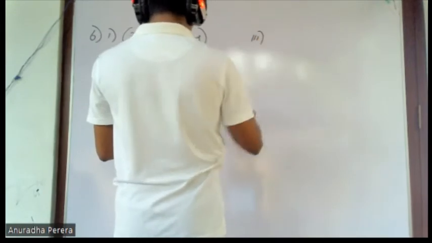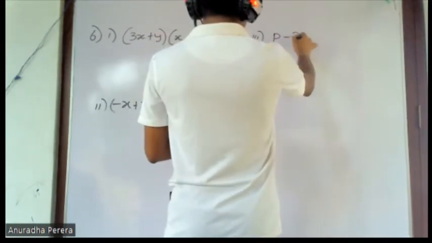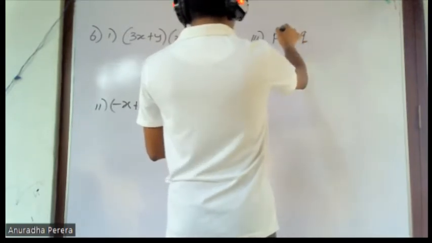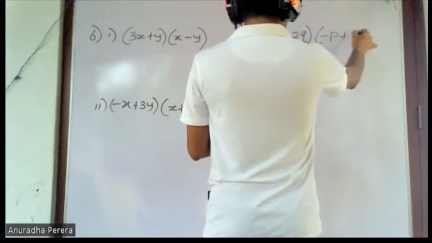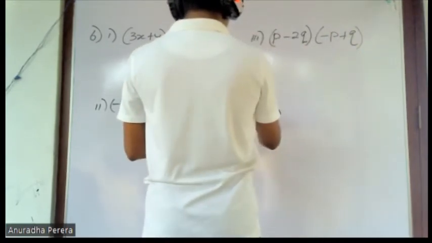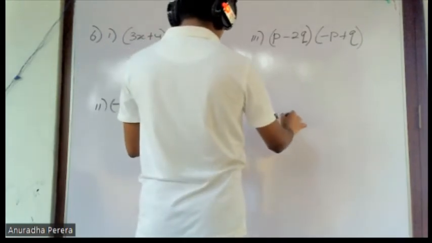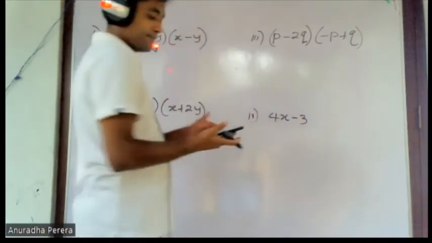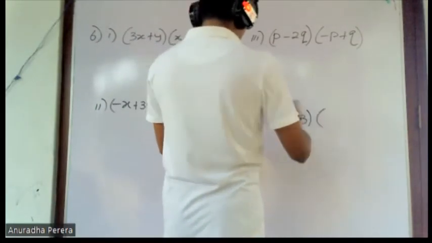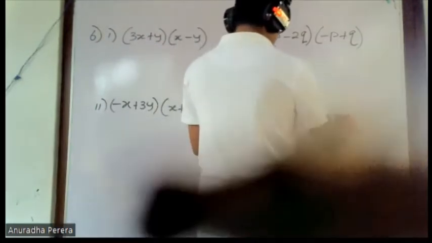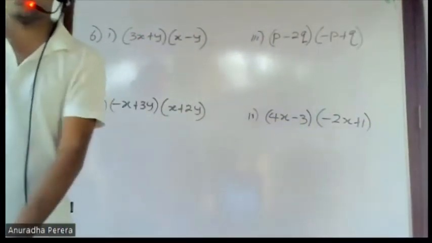Third one: p minus 2q, minus p plus q. 4x minus 3, 4x minus 3, minus 2x plus 1. That's right.